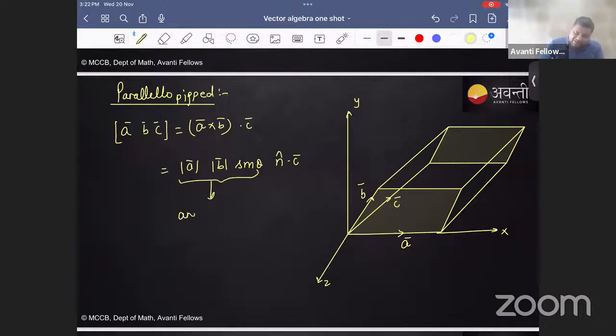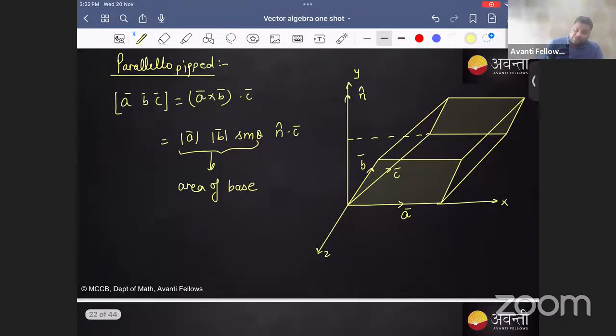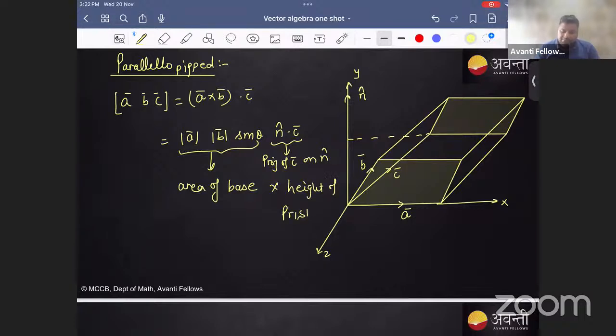Area of base. If this base is in the XZ plane, now along the y-axis n cap will exist. Now C dot n cap is what? Projection of C on the normal vector, projection of C on n cap. And this is what we call height of the prism. This is a prism kind of.